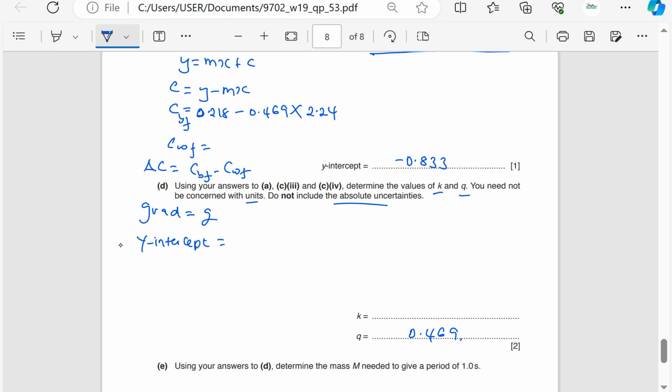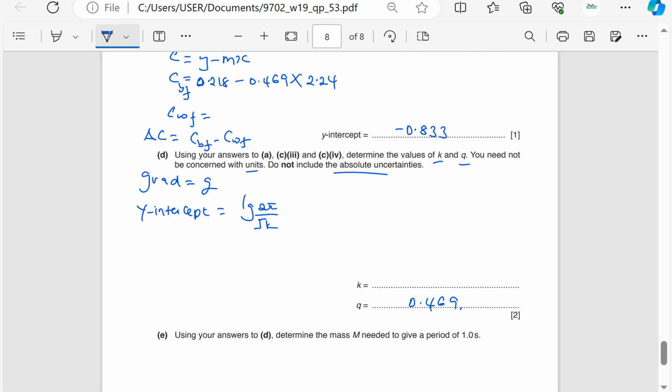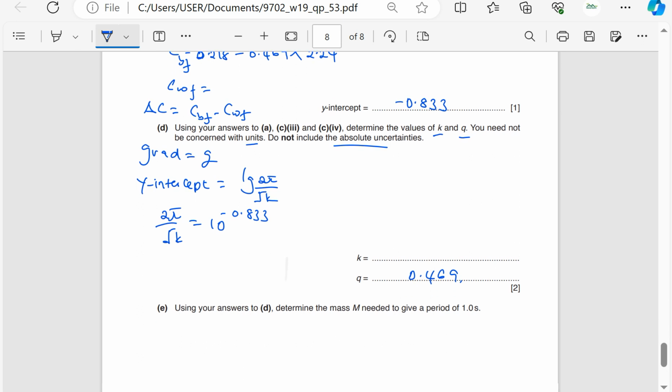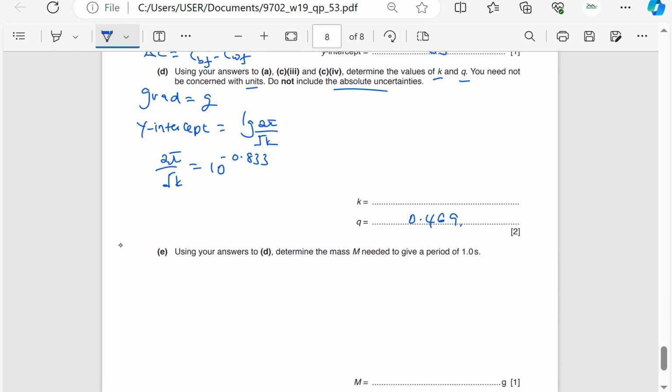And we say the y-intercept was equal to the log of 2 pi divided by root of K. The y-intercept, remember, is negative 0.833. So I get the antilog. The antilog would mean that 2 pi over root of K is equal to 10 power negative 0.833. So if I try to find K, then cross multiply, K will be equal to the square root of, no, not the square root, because K was under the square root, it is the square.